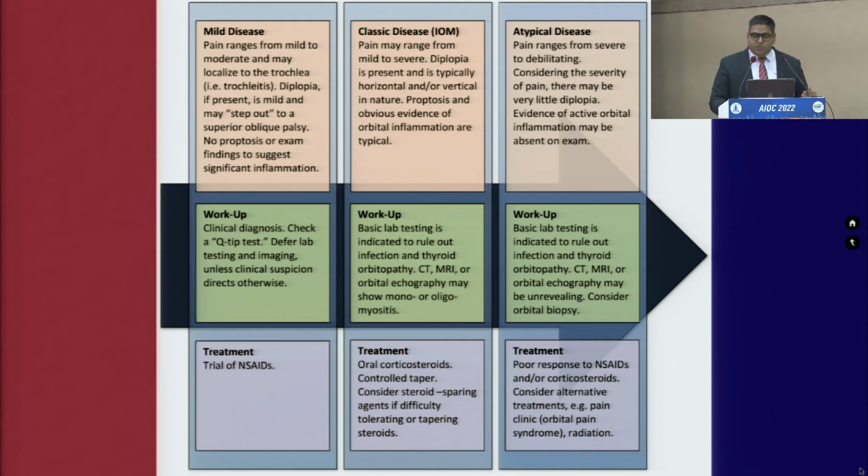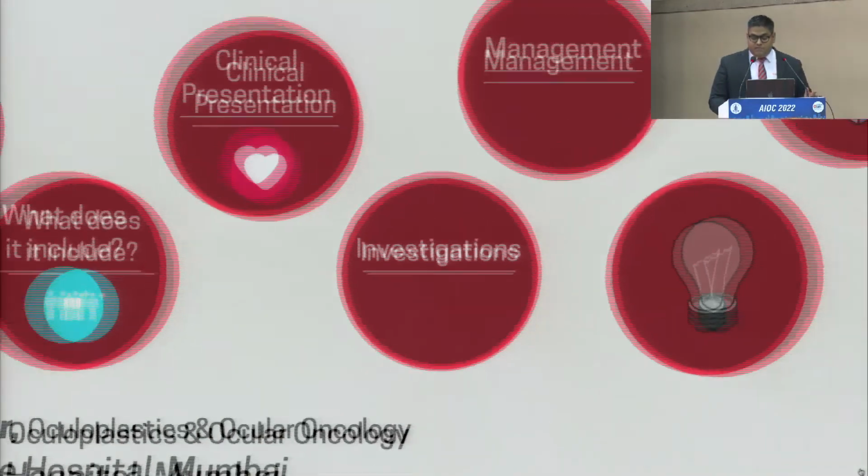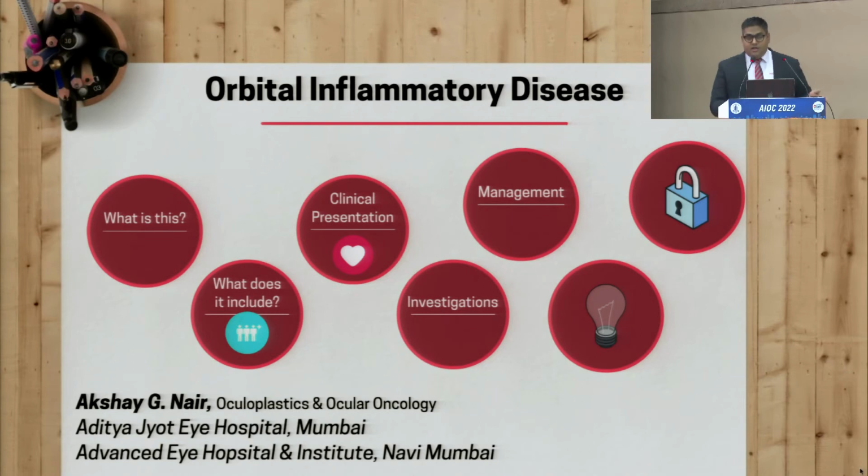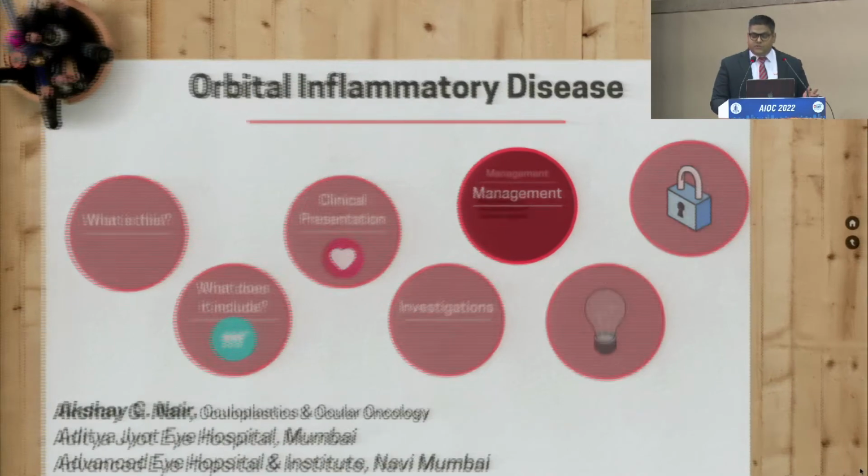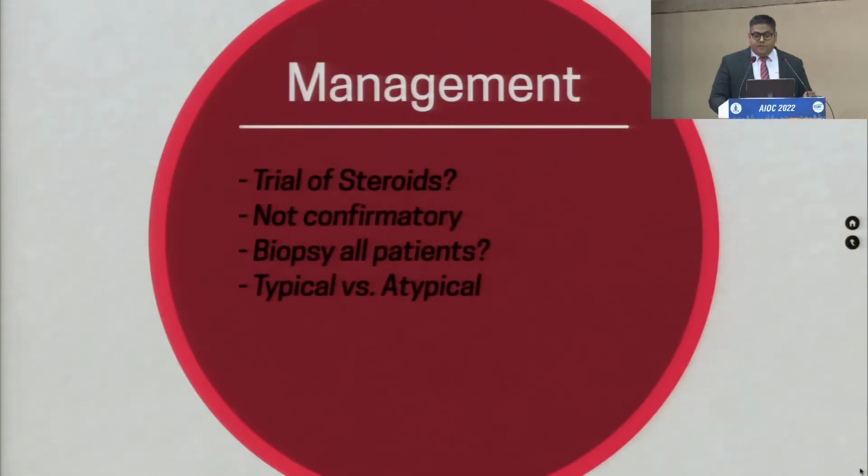At this point, you would consider a definitive biopsy, or a steroid sparing agent in consultation with your physician. So like we said, a trial of steroids is usually given, but remember, a response to that is not confirmatory, because if the patient comes back to you with recurrence on steroids, at that point you must think of whether you need to do a biopsy or not.